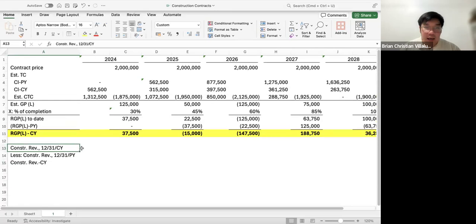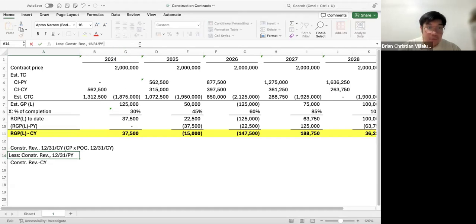Paano kino-compute ang ating construction revenue end of CY and end of PY? Madali lang yan, class. That is equal to contract price times POC or percentage of completion by the end of CY. Okay? Then for the second one naman, December 31 PY, that's equal to contract price times POC December 31 PY.